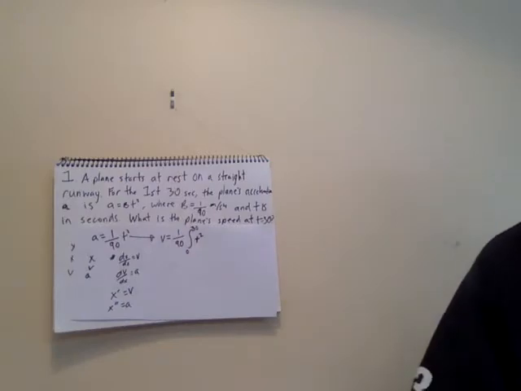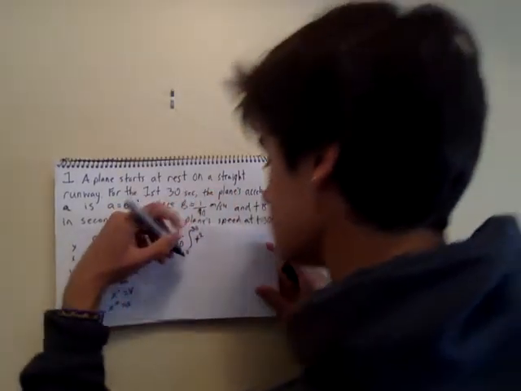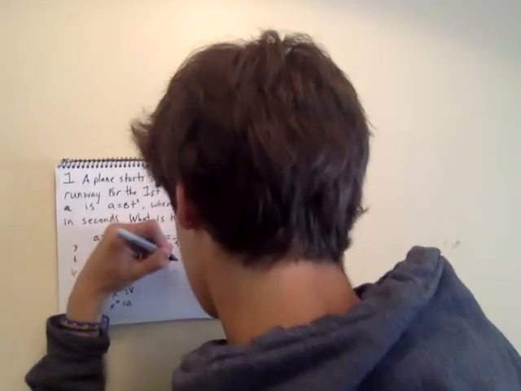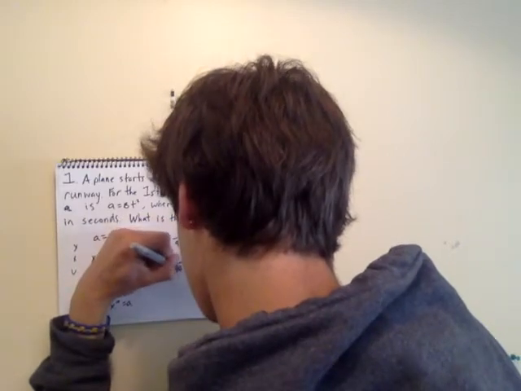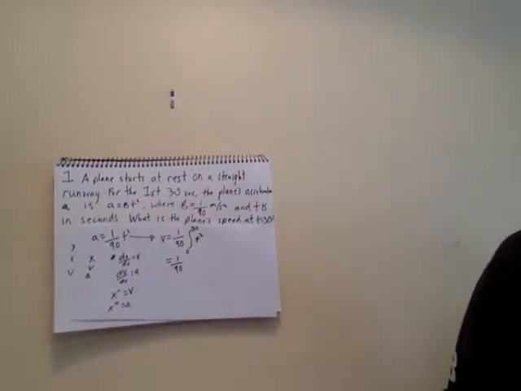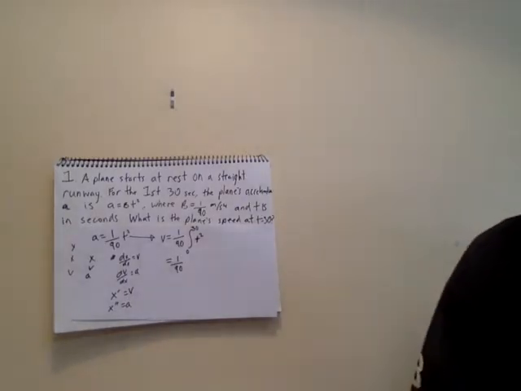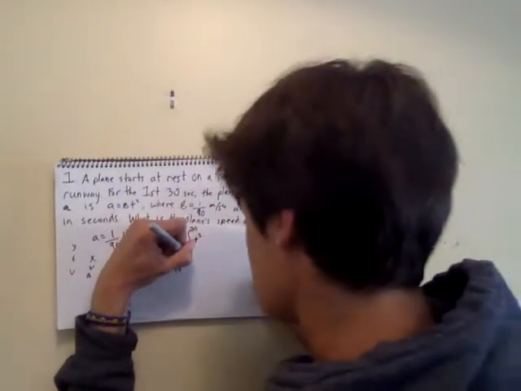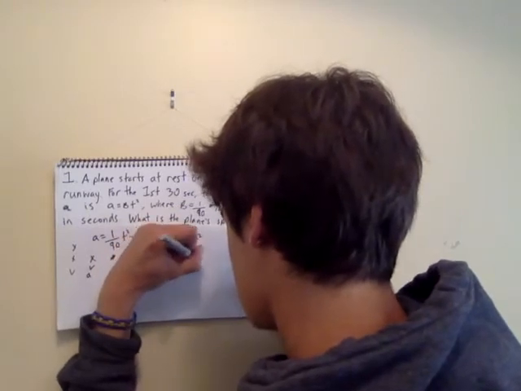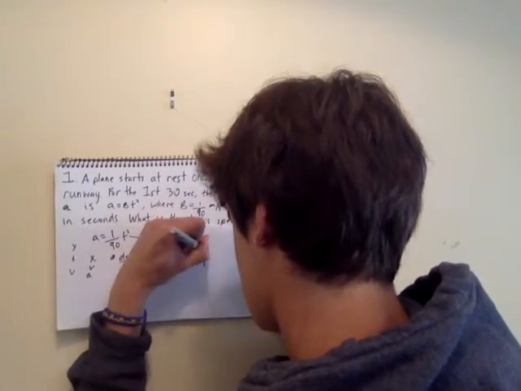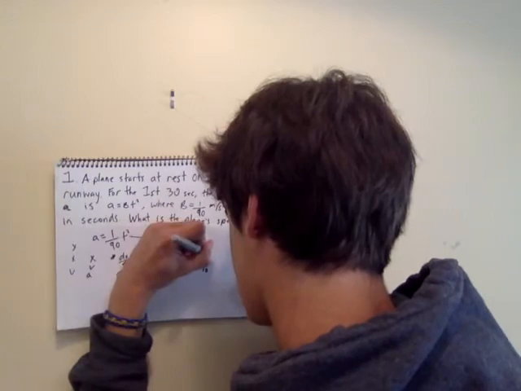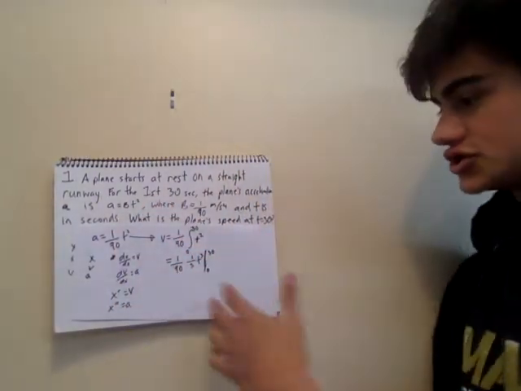Let's start to integrate this. v equals 1 over 90 times one third t cubed, evaluated from 0 to 30.